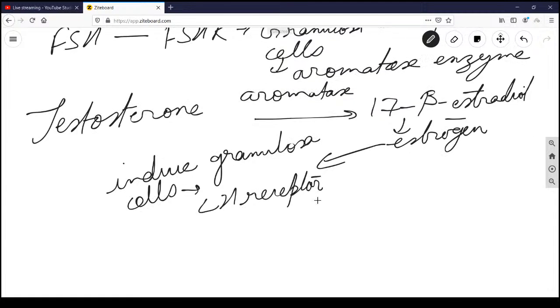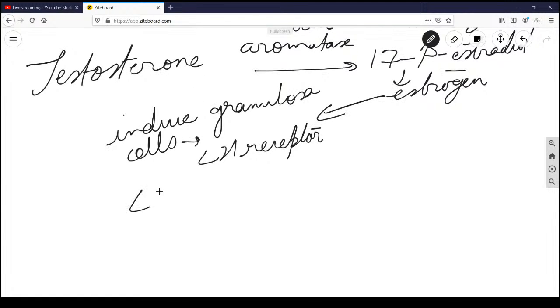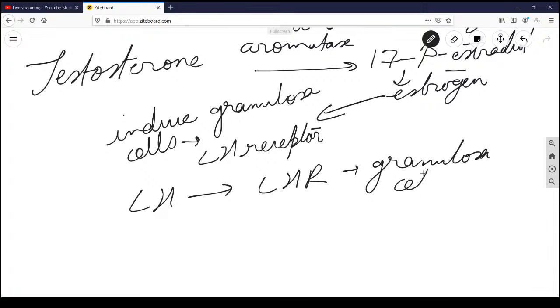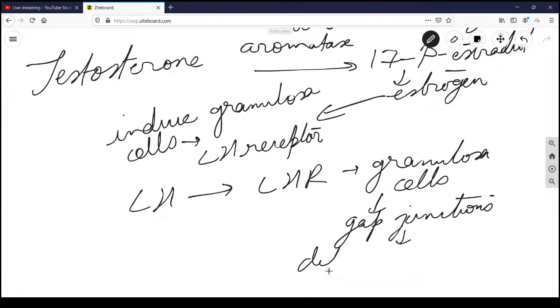Okay, and when LH binds with the LH receptor on the granulosa cells, then ovulation will take place and also gap junctions will close, and then only ovulation will take place because diplotene arrest will be broken.